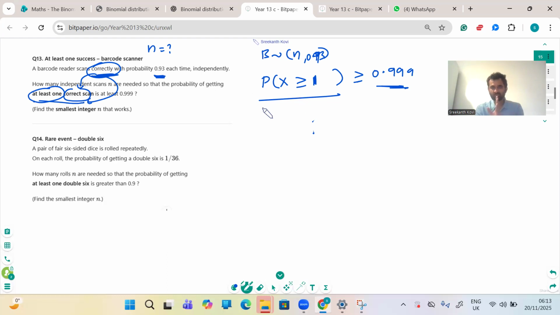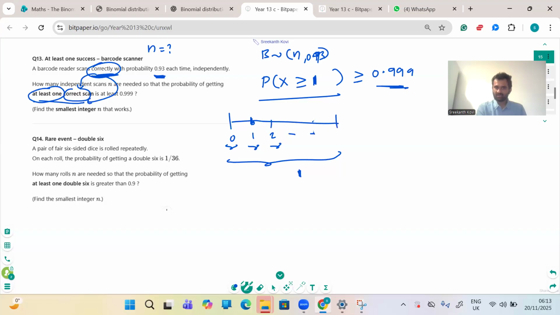You can always draw the number line for these questions: 0, 1, 2, and so on. This is the probability of 0 successes, this is the probability of 1 success, and this is the probability of 2 successes. If you add all the probabilities, it has to be 1.